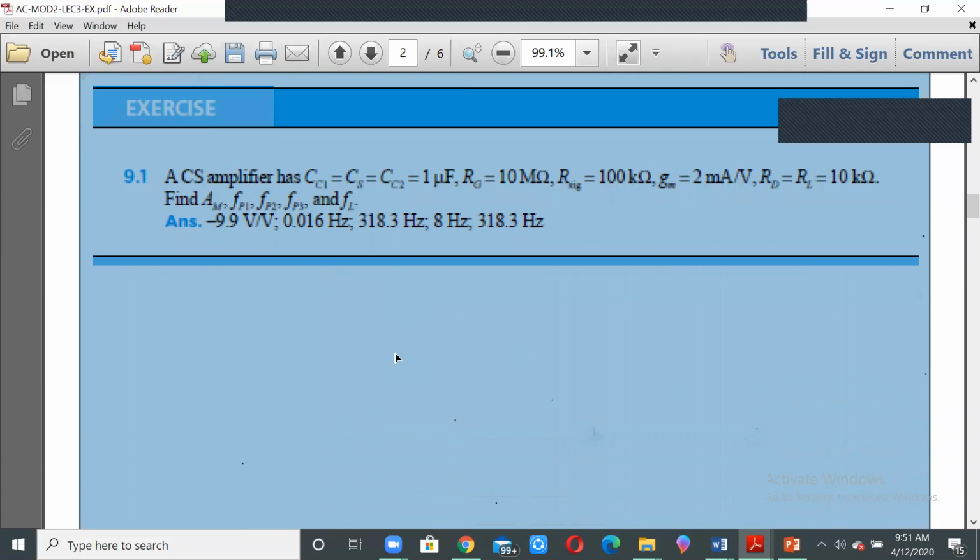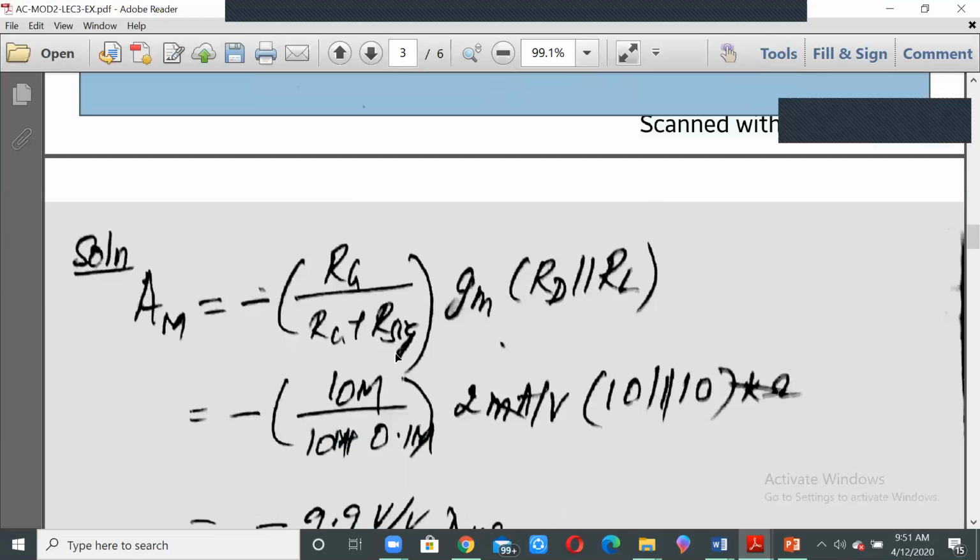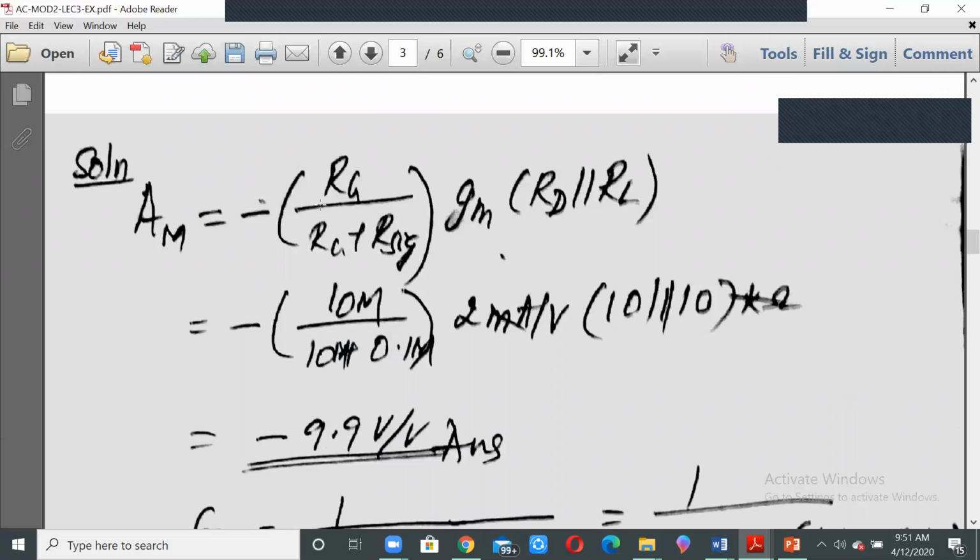So what is the expression for Am? Am consists of minus RG divided by RG plus Rsig into gm. RL dash here, or RD in parallel with RL. However, small r0 is not given to us, so we need not bother about it. Over here, we will just have RD in parallel with RL.